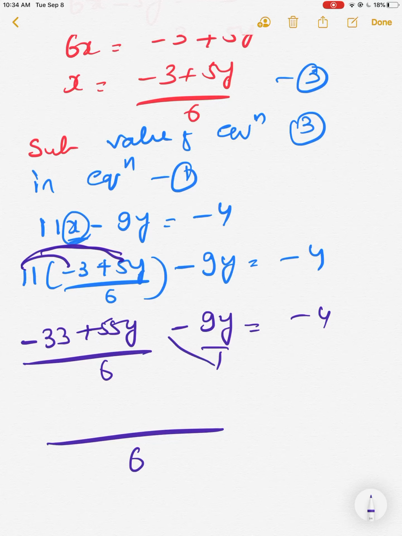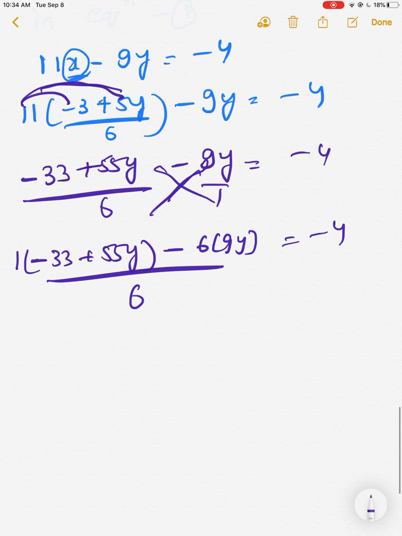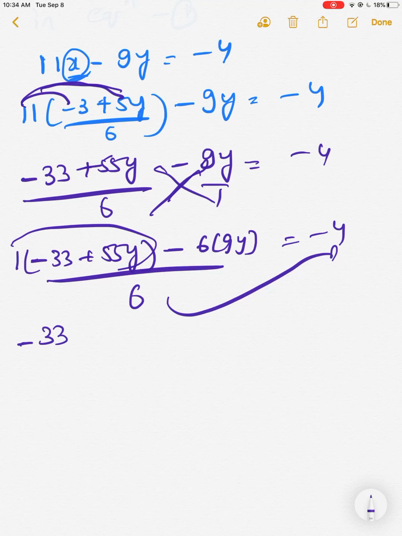This is cross multiplication. 1 into minus 33 plus 55y, minus 6 into 9y. This and this we take the LCM. This 4 goes to this side. So 1 multiplied by this will be same. Minus 33 plus 55y minus 54y is equal to minus 24.